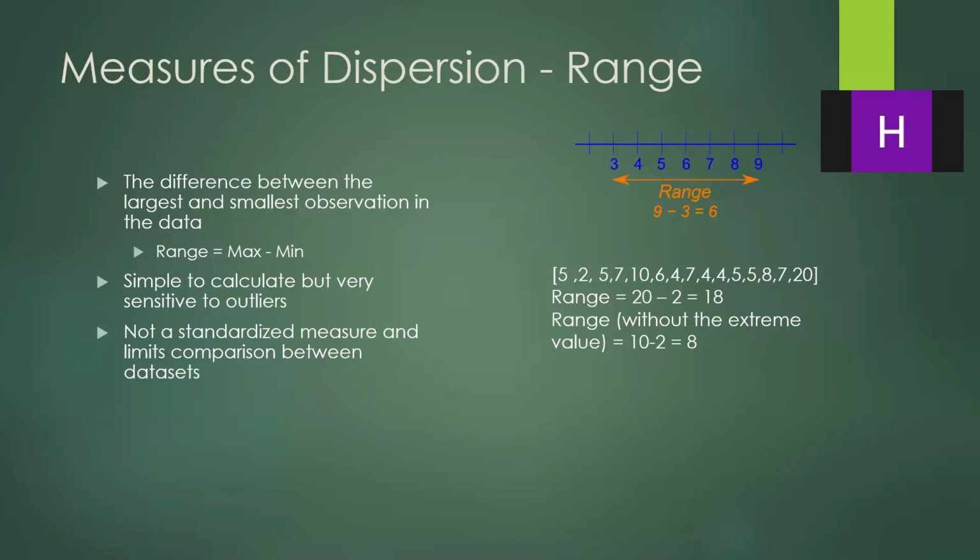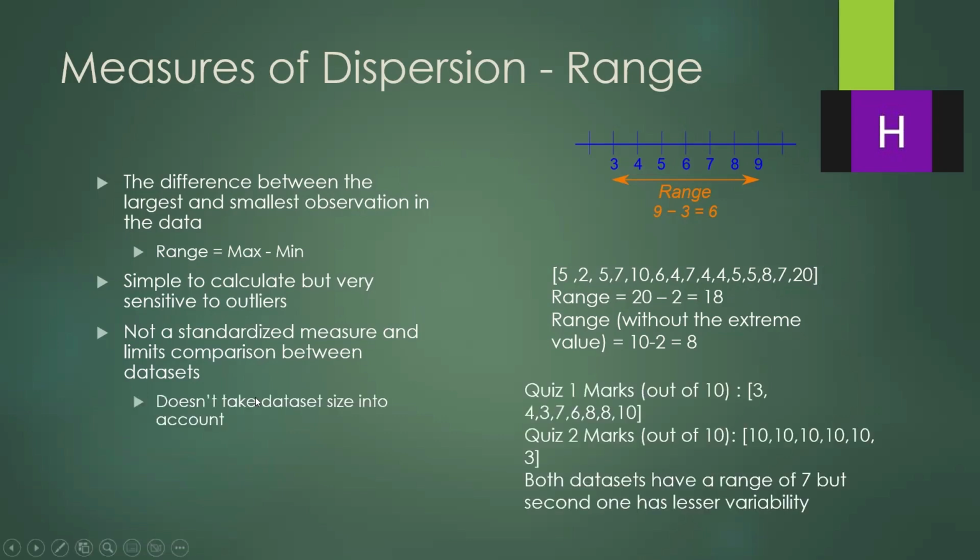Because it's extremely sensitive to outliers, as we have seen, and for other reasons also, range is not used as a standardized measure of dispersion, because it limits comparison. Based on these facts about range: number one, it doesn't take dataset size into account.